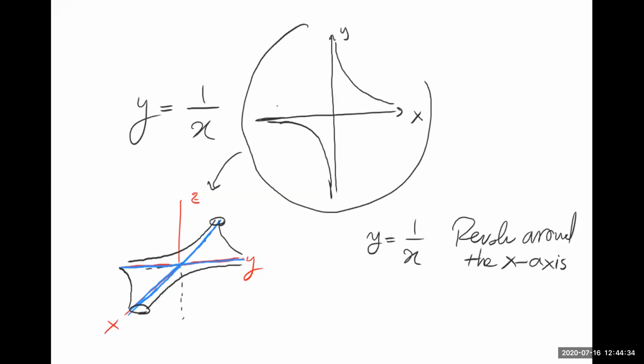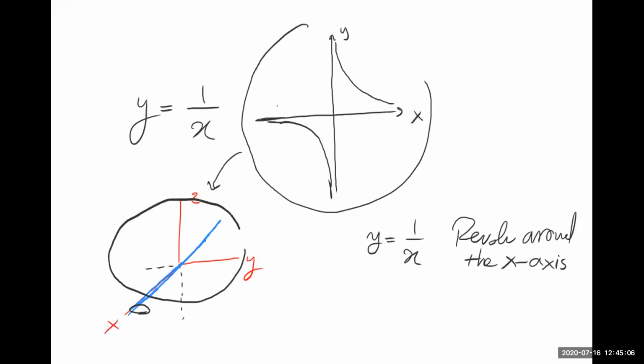Maybe I would sketch only one part because it's a little hard to see. It's very hard to draw. It would be something like this. We had this graph, and we are revolving that graph.